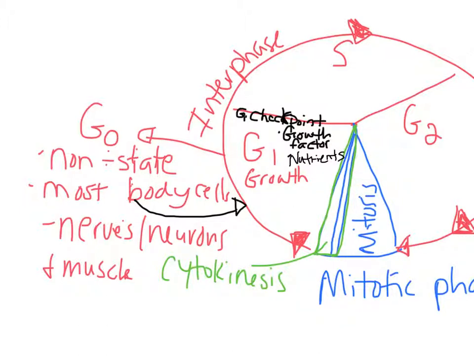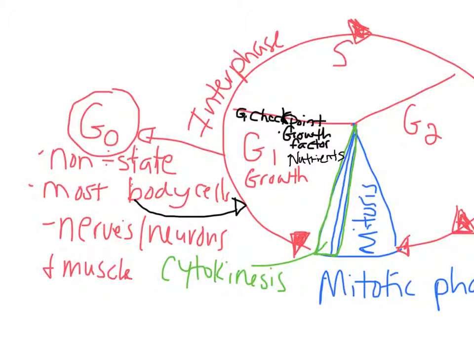Those pretty much stay in G0 the majority of their existence, which is why when you damage neurons or muscle cells, it's so difficult to recover, because the cells don't get pulled back into the division cycle. They just stay in G0, with the damage not being replaced.